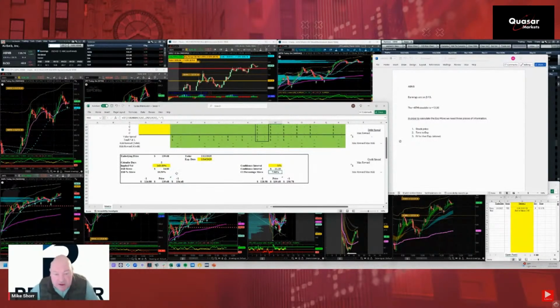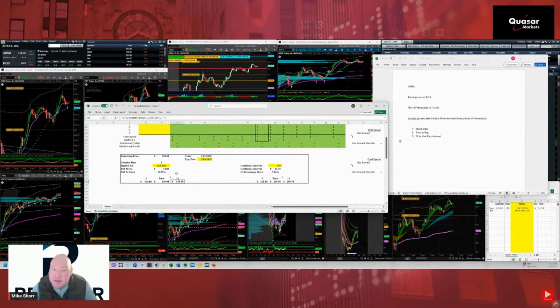So now we have a decent idea of what the market is pricing in and what they're looking at. And like I said, whether it's statistically robust or a self-fulfilling prophecy, it almost doesn't matter. But these types of levels are respected.